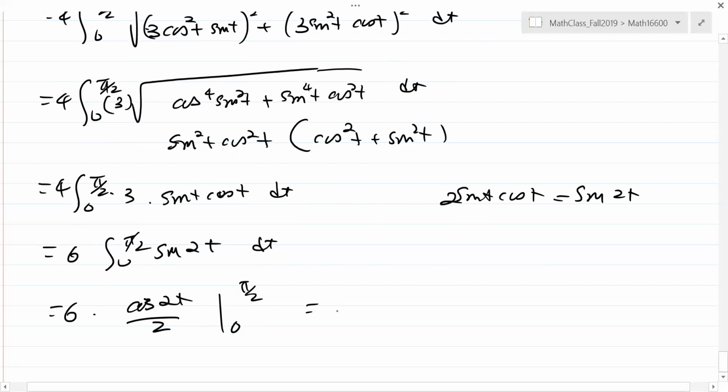No, it's going to be cosine pi minus, oh, I have the negative sign here, so it's negative, plus cosine 0. On the top, you get 2, so the answer is still 6, as you can see. So it's the same answer, a different way to solve the problem.